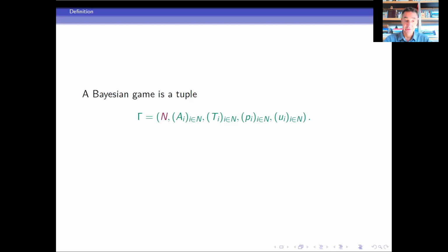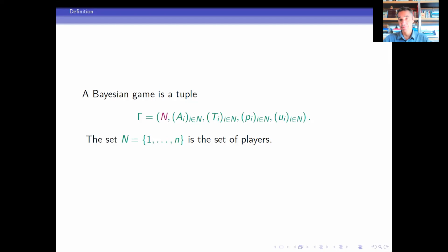The first one being the capital N, and that is, if you have seen game theory before, usually the set of players. So it's a finite set, 1, 2, 3, 4, up to n. And these are the players in the game. In applications, they're often called something else than players.